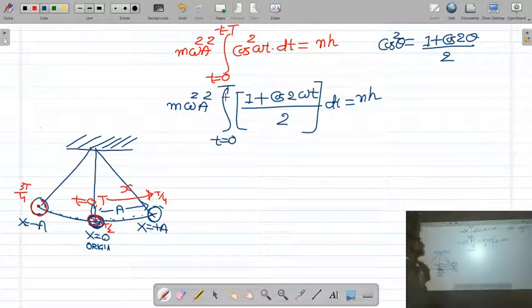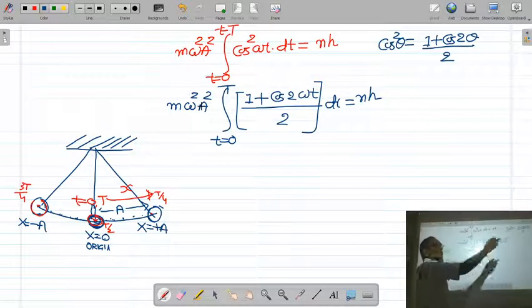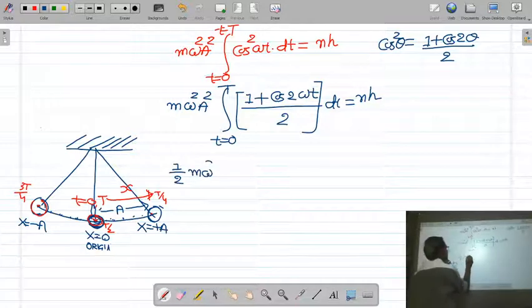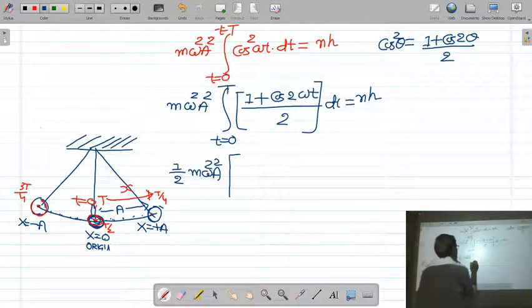So n omega square a square is constant. The integral of cos square omega t can be written as 1 plus cos 2 omega t by 2 dt. So now, 1 by 2 n omega square a square, I separate two integrations.